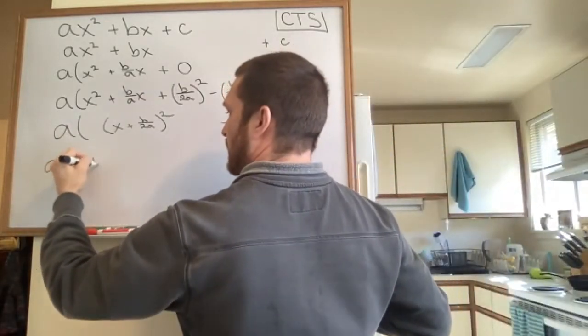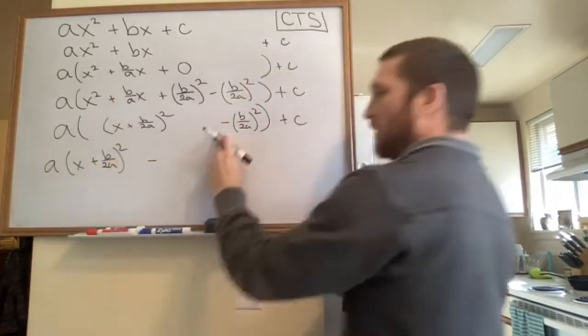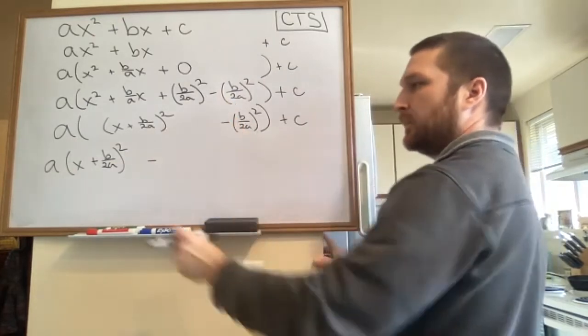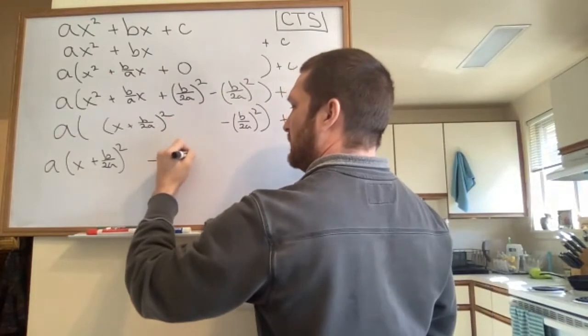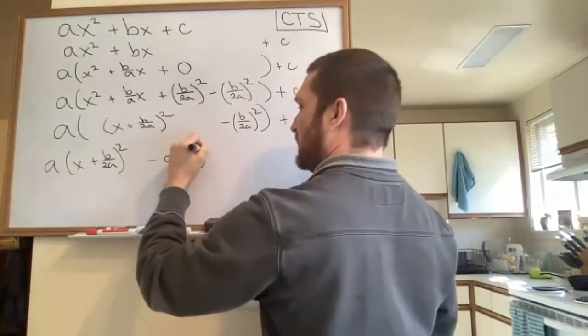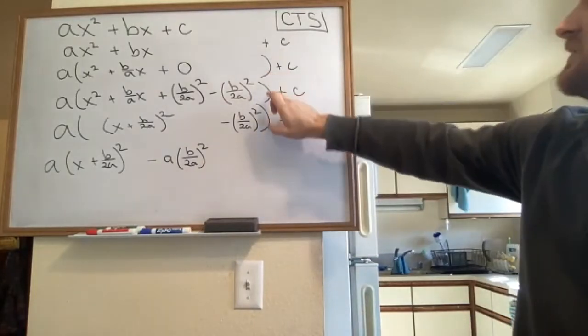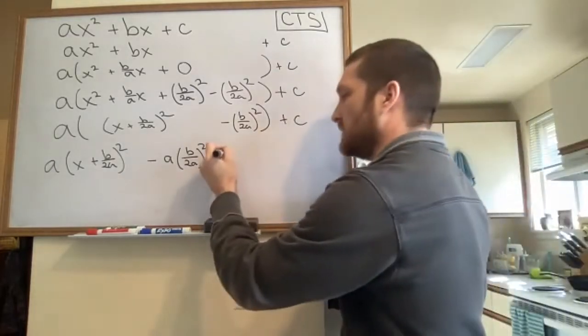a times x plus b over 2a, quantity squared, minus, this will always pick up a minus, a times that amount, a times b over 2a, quantity squared. Finally, I could drop parentheses. These parentheses will stay with you for those steps. The last thing that comes along is that c.